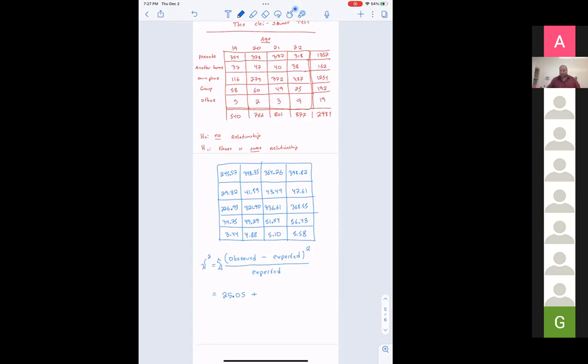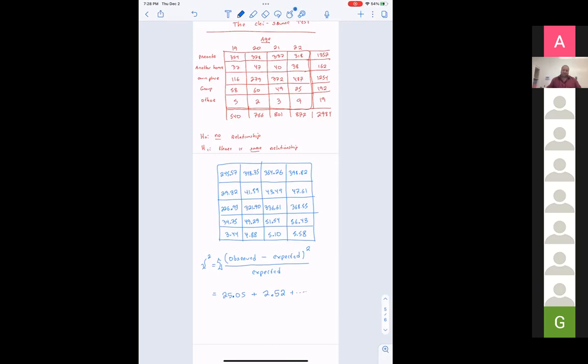So when you do observed minus expected, you square it and you divide by expected. What do you get in that case? I got 2.52. Yeah, I get 2.52 as well. And plus dot, dot, dot.